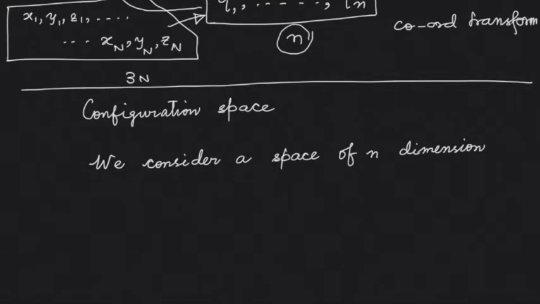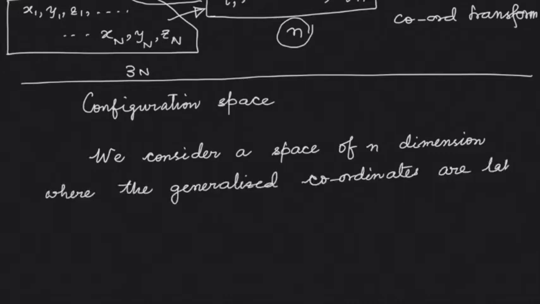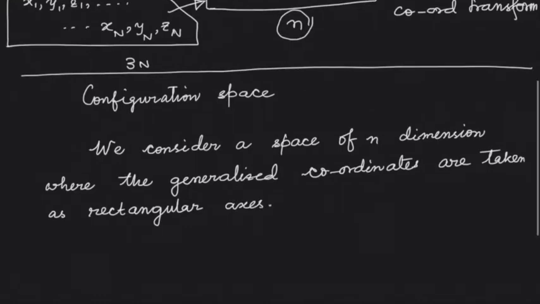So what is more required is to give it a geometry, give it a metric. We say that we consider a space of n dimensions where the generalized coordinates are taken as rectangular, meaning Cartesian, axes. Sounds very vague.